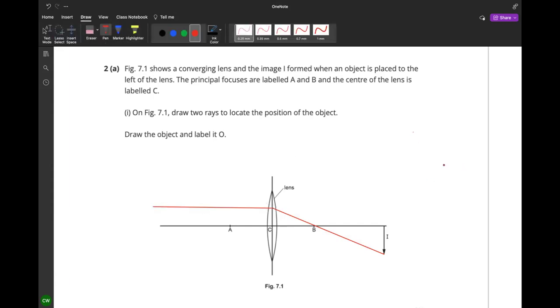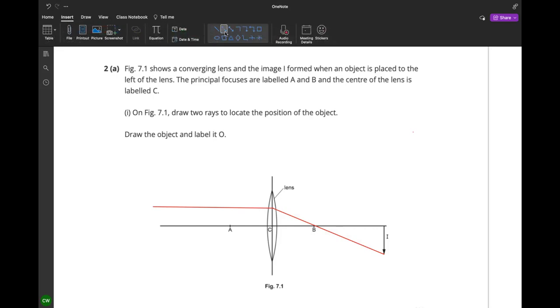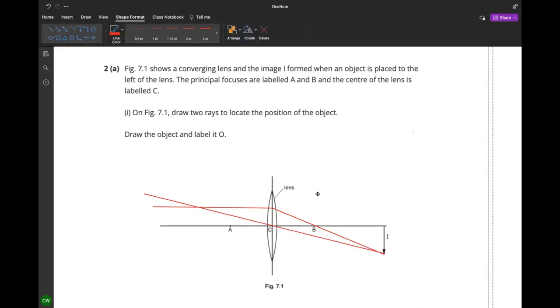Okay, after that, what should you do? We need to draw another line. We know they'll meet at the same point. It means if you draw like that, you can find another line, right?